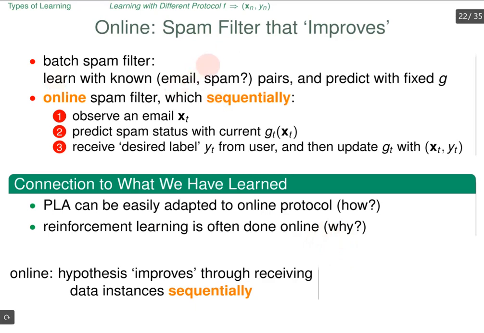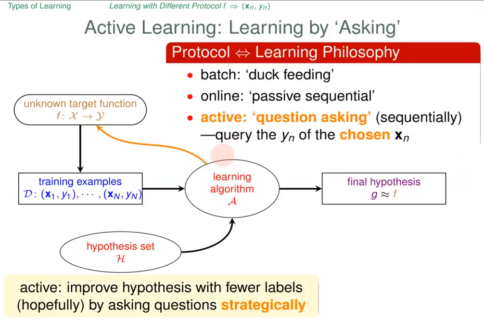Usually, online learning involves selecting the hypothesis from sequential input data. We don't have a batch of input training examples, we have one by one sequential available data. And then selecting the final g involves a lot of sequential information and some y from the user.